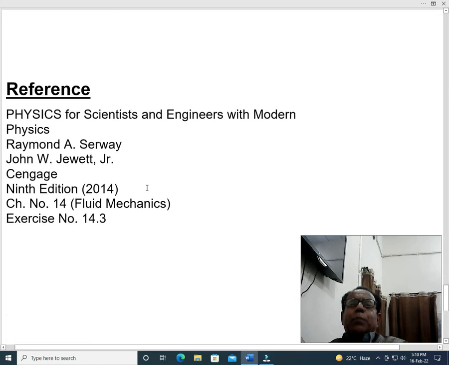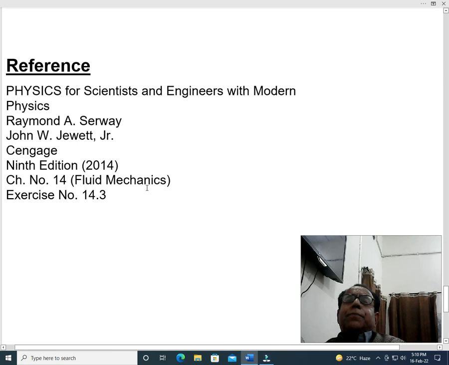Now we come towards the reference book from where we have chosen this problem. Reference book is Physics for Scientists and Engineers with Modern Physics.